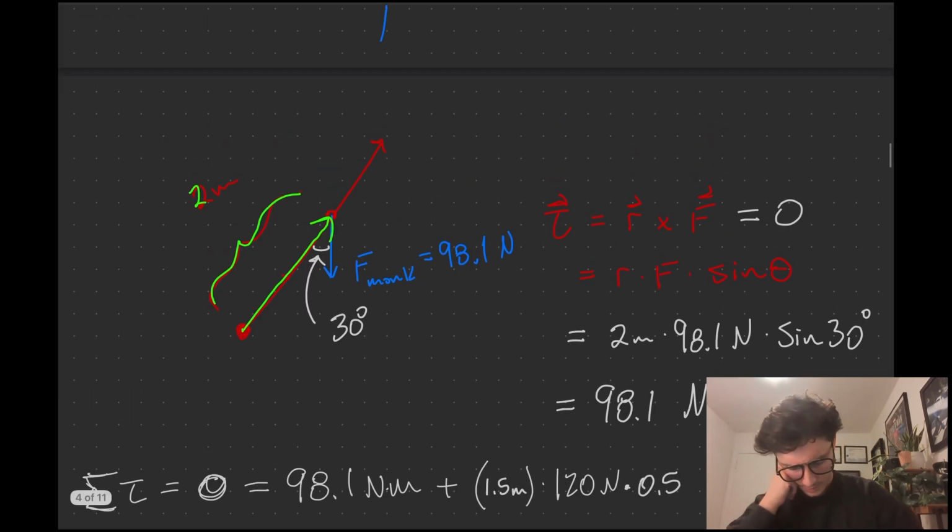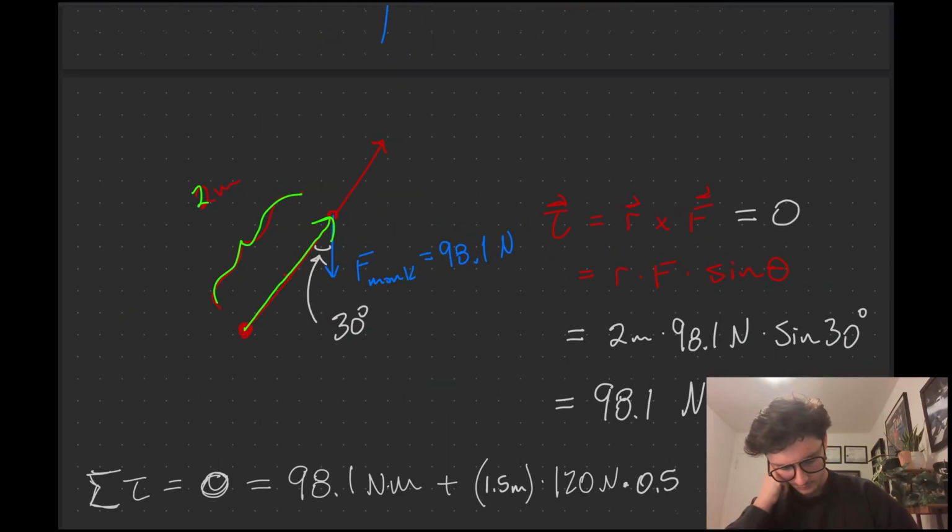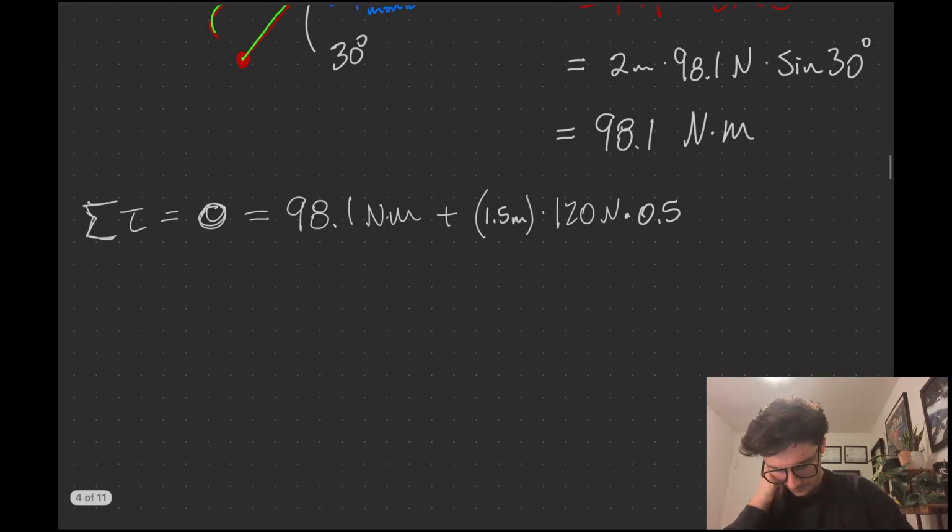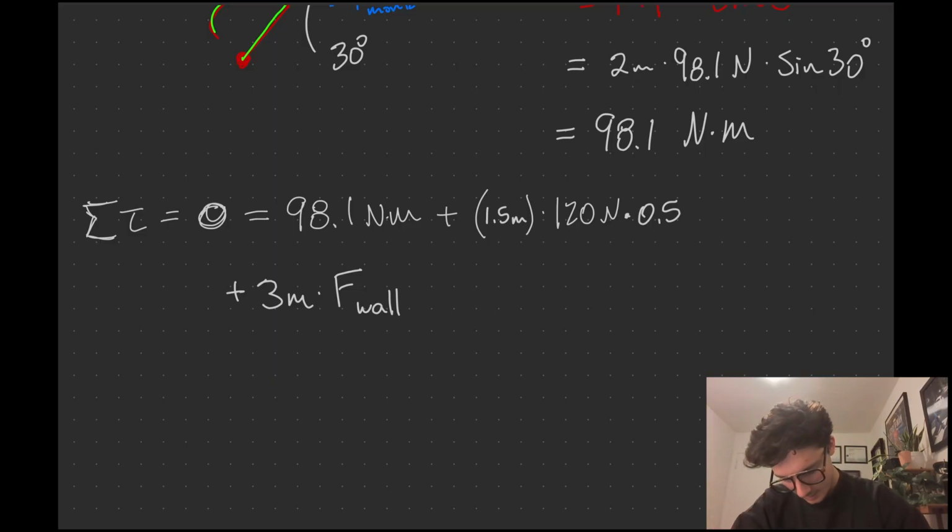And then you also have this and this, and the force of the wall. So here's the final torque: 3 meters times force of wall. I guess this force of wall is going to help us.